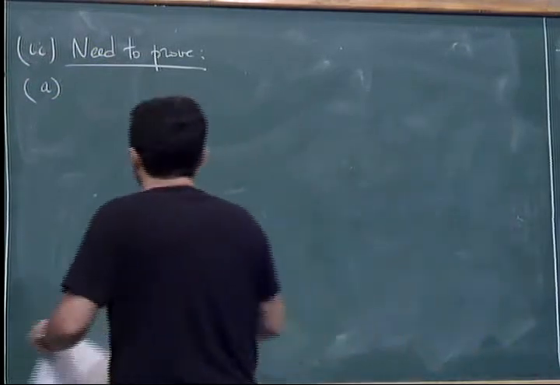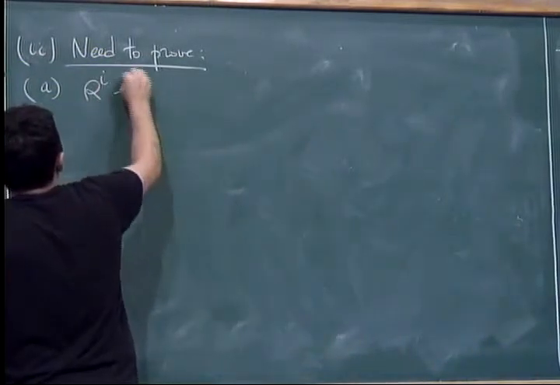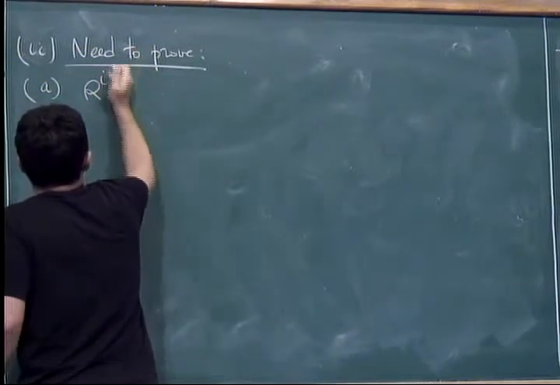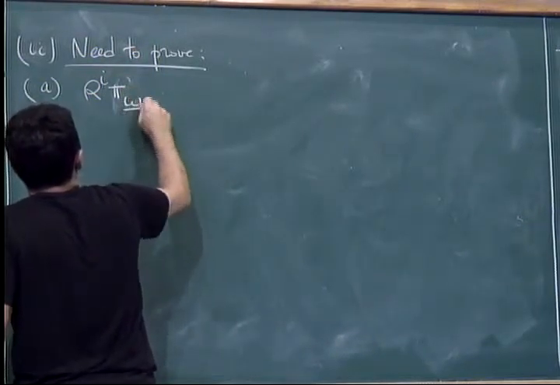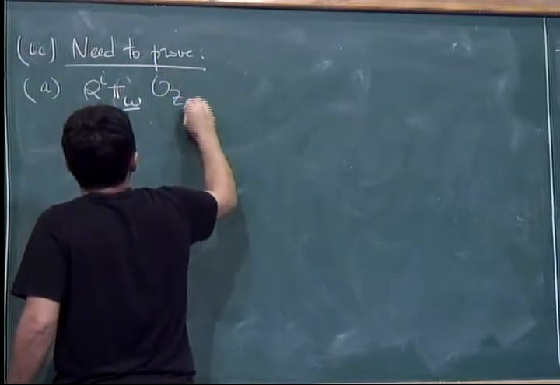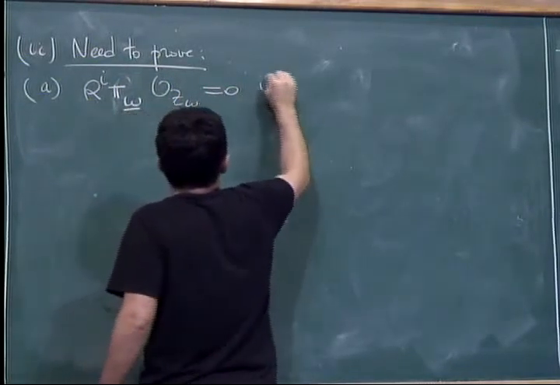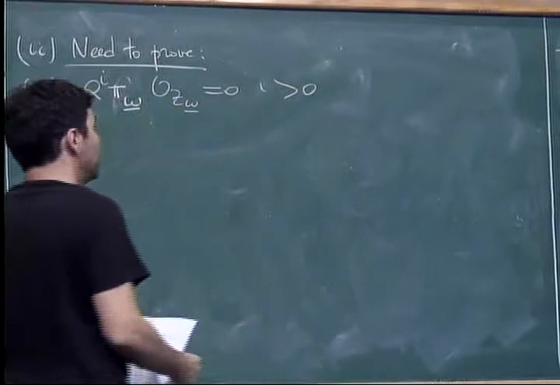The first one is R^i pi omega star of O of Z omega has to be 0 for i positive.